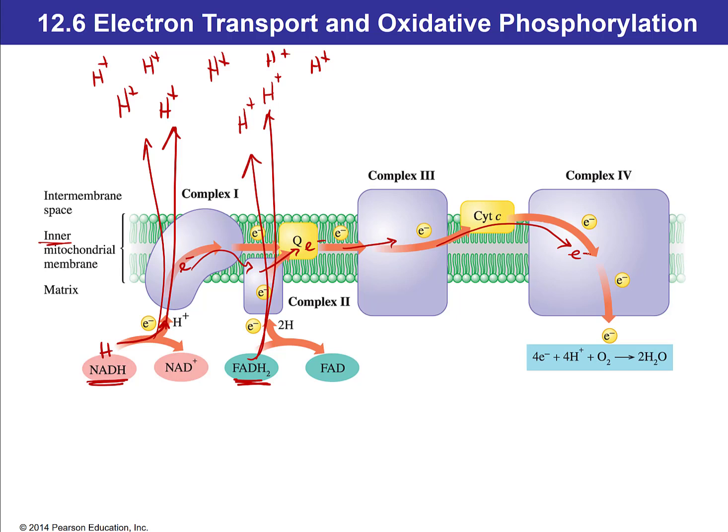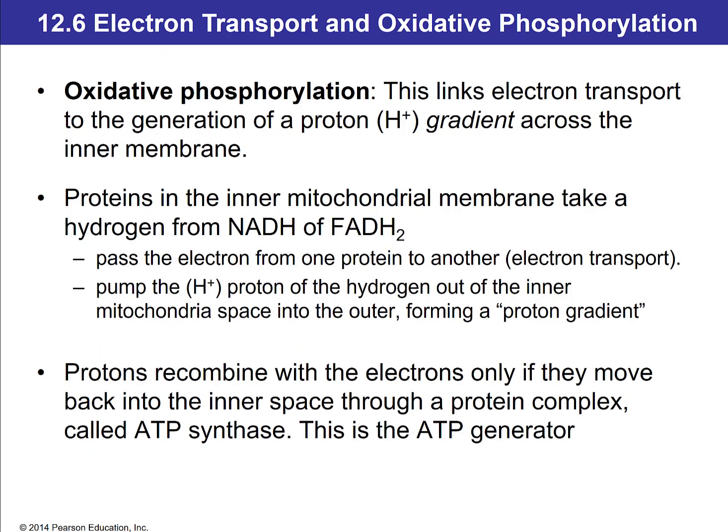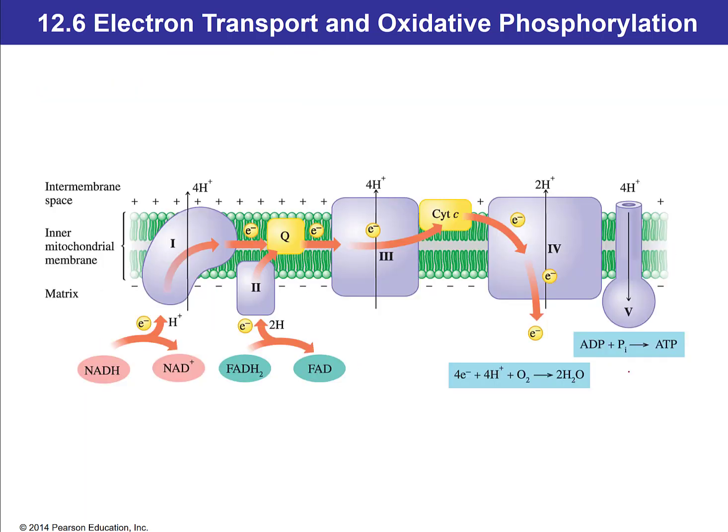And the big thing is it's going to make a high concentration of hydrogen ions outside of the membrane, low concentration of hydrogen ions in. So at the end of this, the electrons are going to be moved back into the mitochondrial space, back into that inner part.